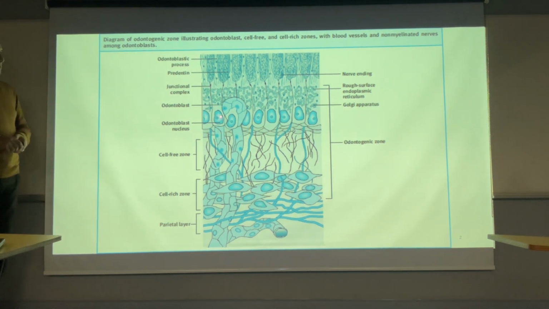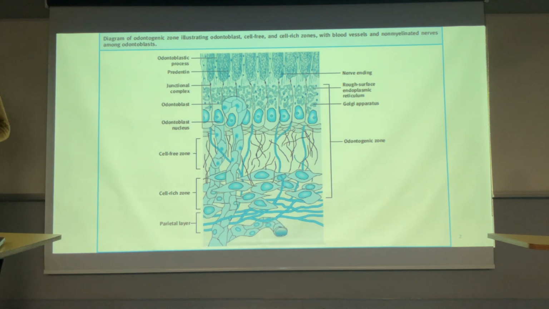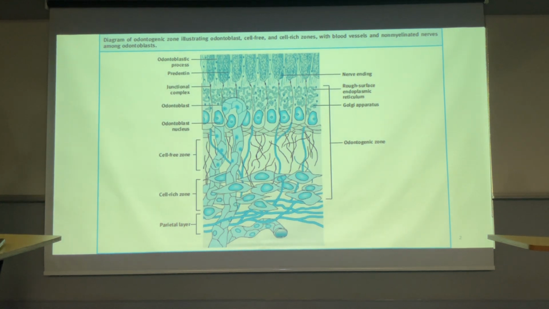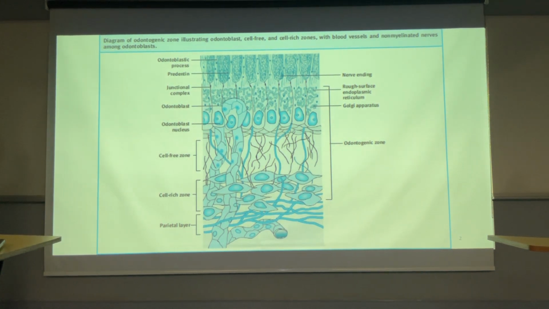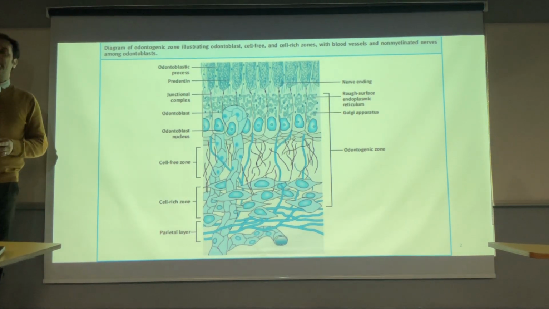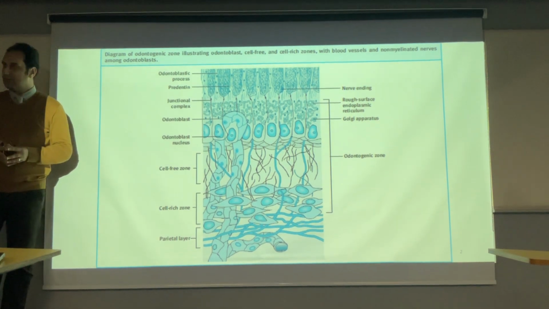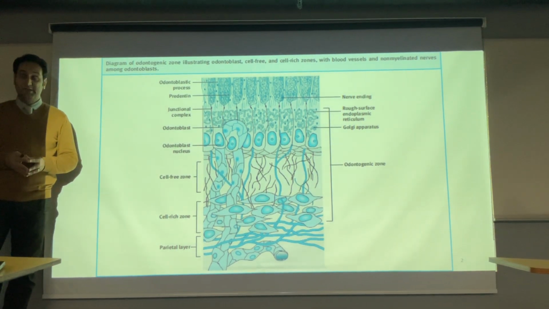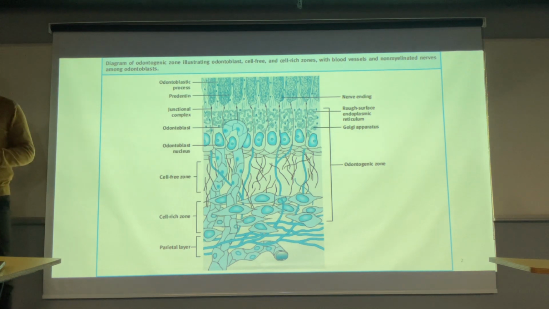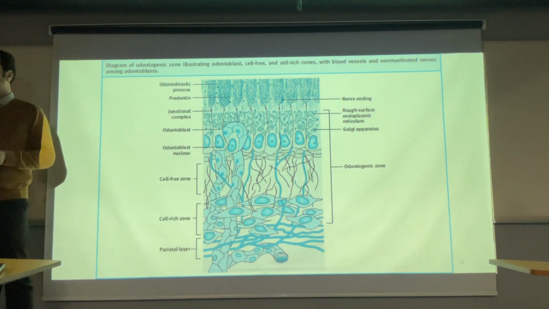They can enter between the odontoblast cells and also enter into the periodontoblastic space. You know the periodontoblastic space? Where is the periodontoblastic space? Yes, between the odontoblastic process and peritubular dentin, we have this space. This space is filled with dental fluid or dental lymph.